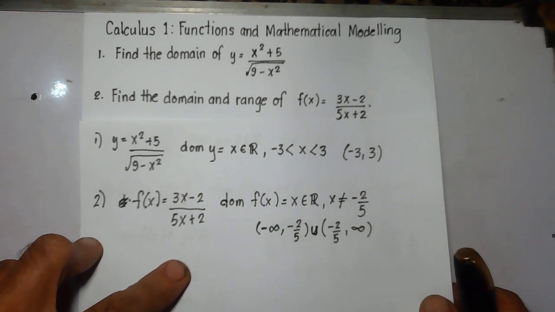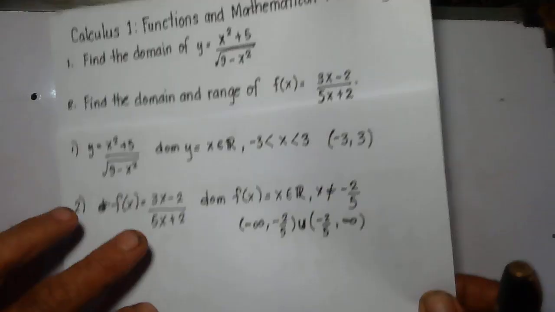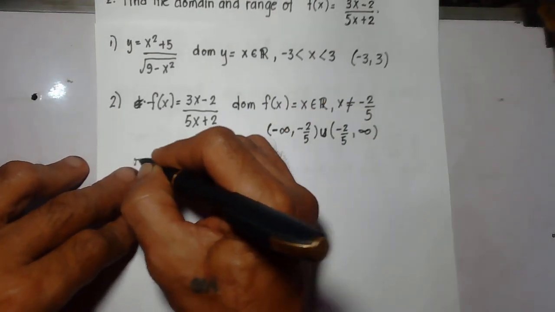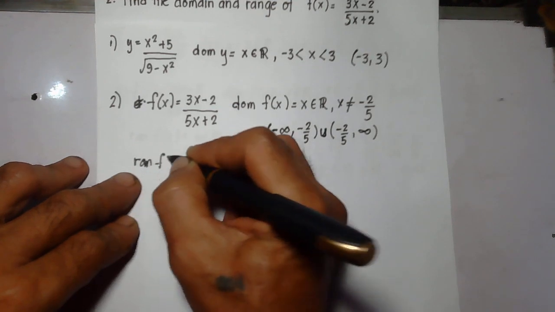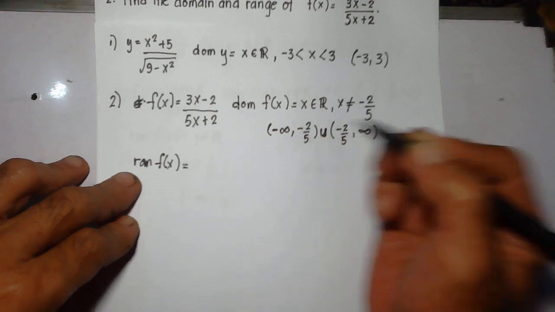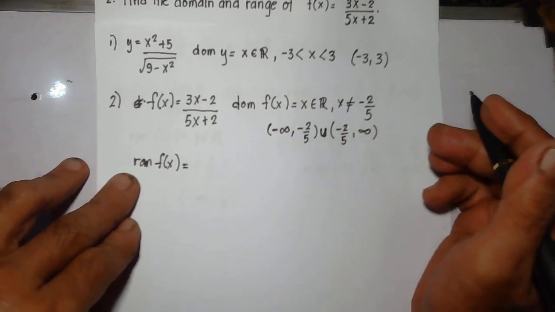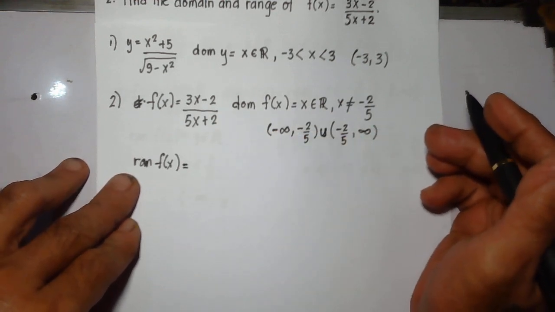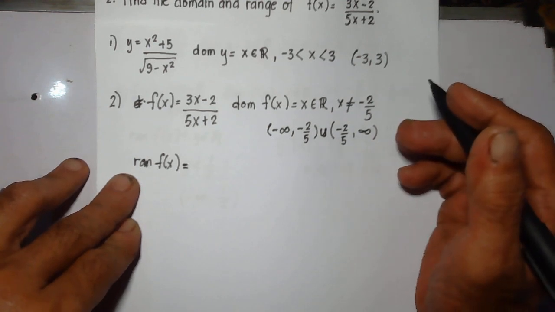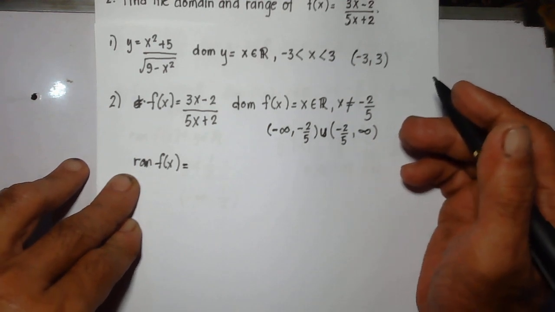Now, for the range of f of x, it is not easy to find the range of f of x without graphing. But instead of graphing, we would rather assign values for x and y so that by inspection we can already see the range for f of x.